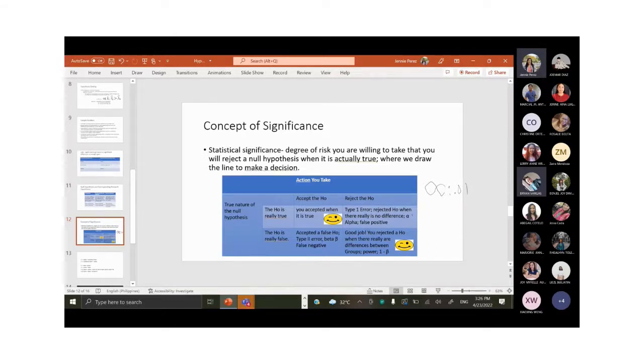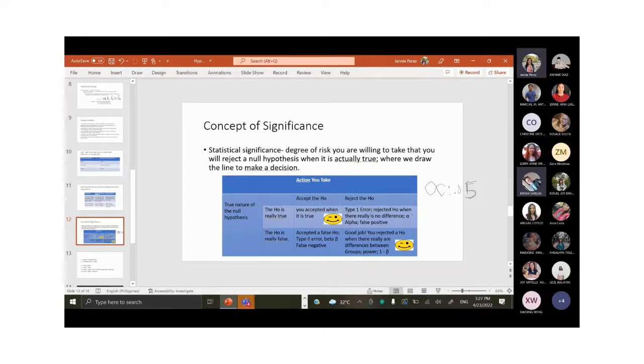It means that out of 100%... Normally, this is an arbitrarily chosen cut-off value for alpha. It is 0.05 probability value. So when you convert that to percentage, it becomes 5%.